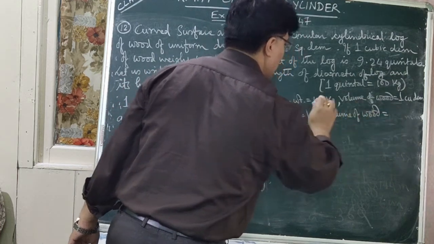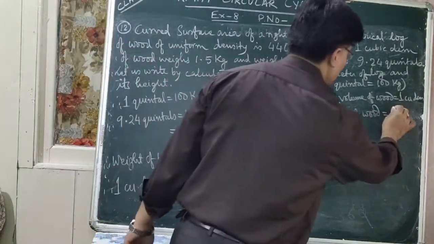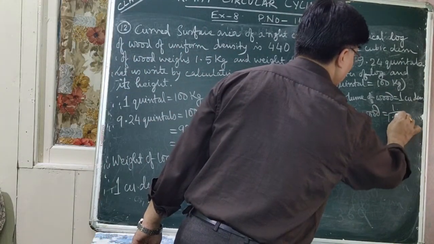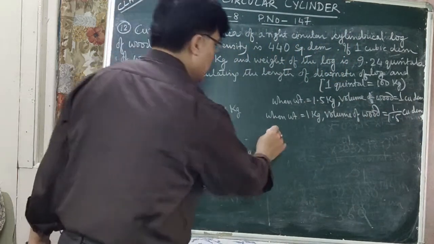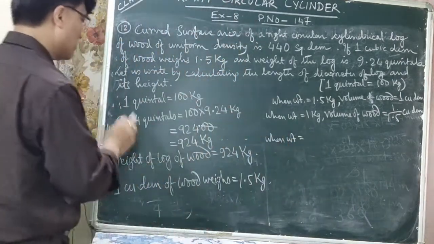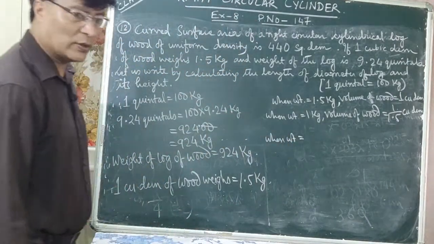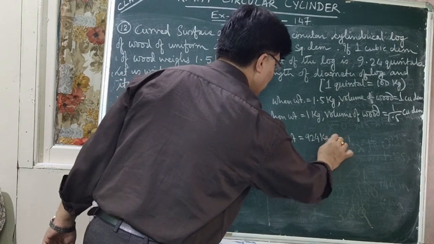1 kilogram को यो 1 cubic decimeter भन्दा कम्ती हुन्छ, you have to divide 1 upon 1.5 cubic decimeter, right? So when weight is equal to, just now we got the weight of the log of wood, it was 924 kilogram.